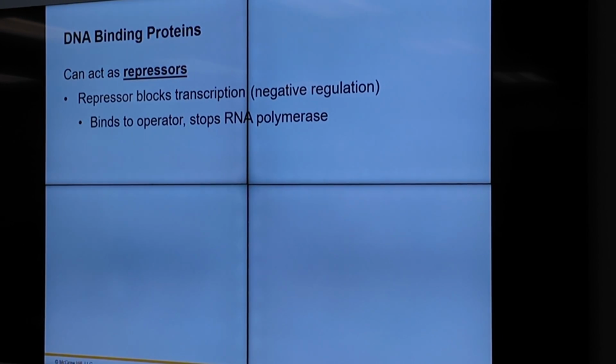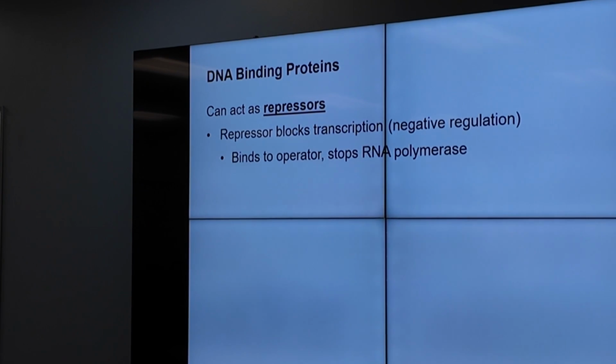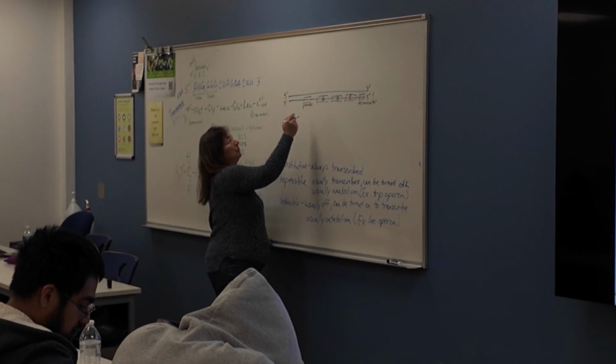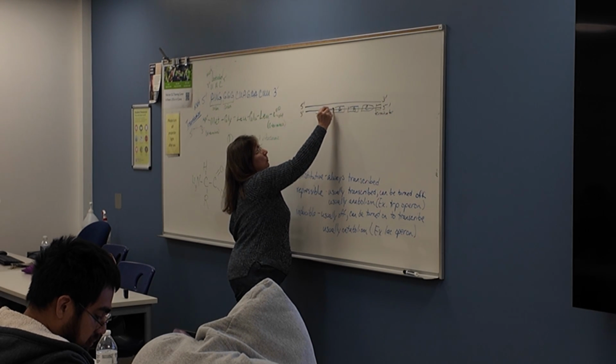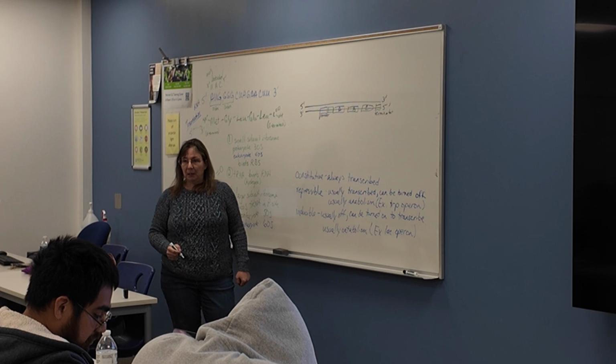So we're going to look at some specific DNA binding proteins called repressors. Repressors bind the DNA and stop transcription. Well, if we're going to stop the RNA polymerase, we want to sit down between it and the genes. This is where our repressor is going to bind.